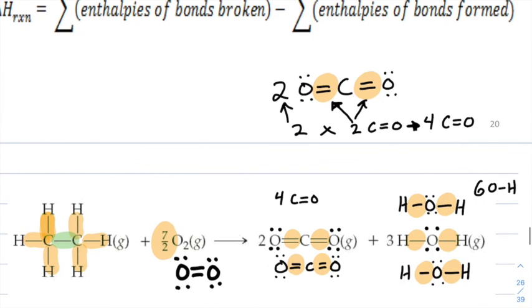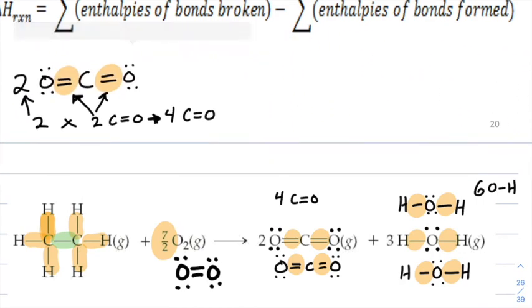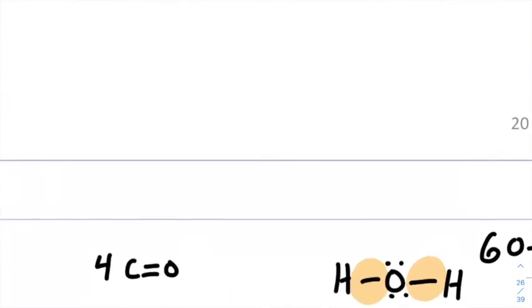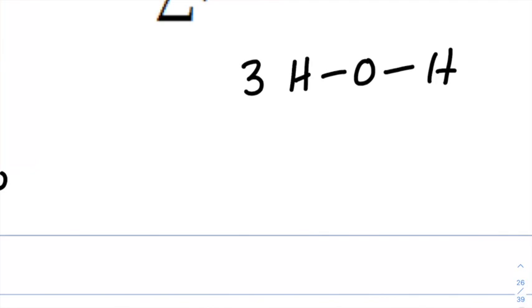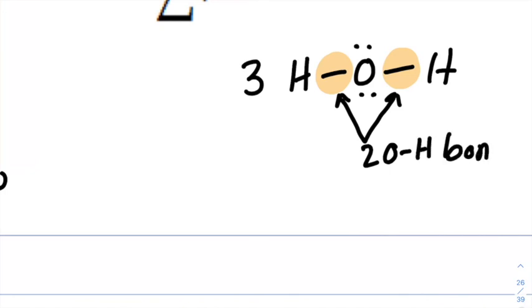I'm going to move this out of our way. All right, so we have 3 of the water molecules. And we know every water has 2 of these oxygen-hydrogen bonds. And we have a coefficient of 3 in front of them.